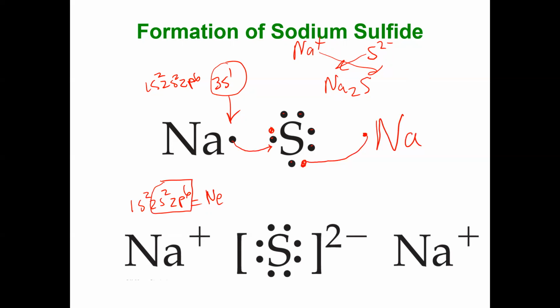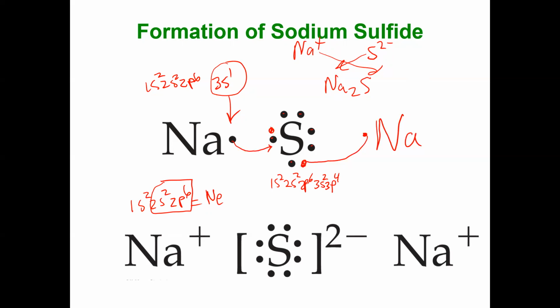The sulfide is happy because it becomes like argon with the two additional electrons, because it was originally a 1s2, 2s2, 2p6, and a 3s2, 3p4.